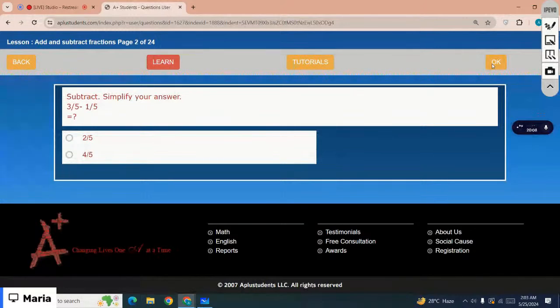You have to do 3 minus 1, that is 2 by 5. The correct option is 2 by 5, right?